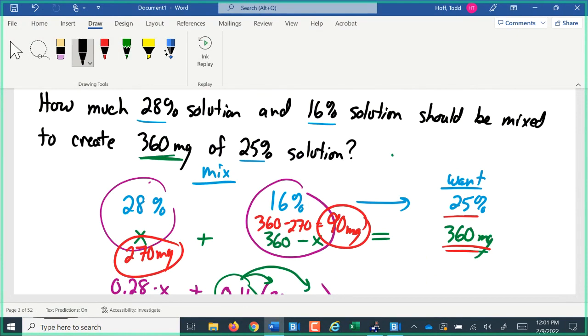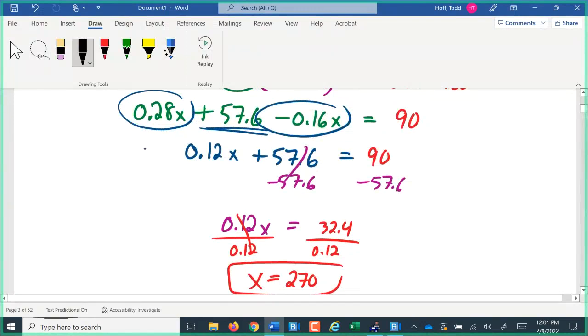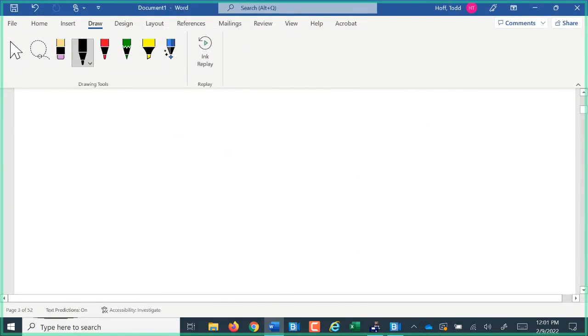Let's do one more example similar to that. You can see there's a lot of steps here, so there's a lot of chances to make a mistake.